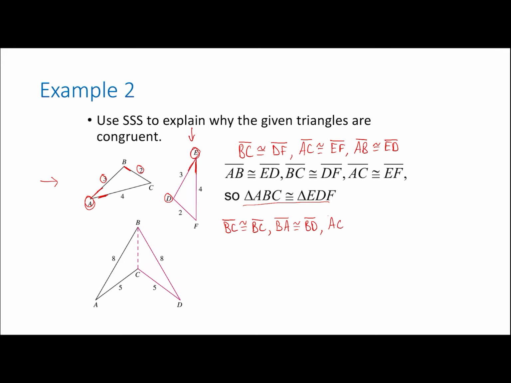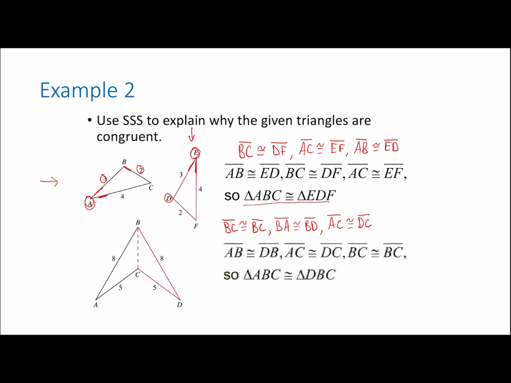So, if that's the case, then side BA in the triangle on the left has to be congruent to side BD, the one on the right. And then also AC, that segment, has to be congruent to DC.